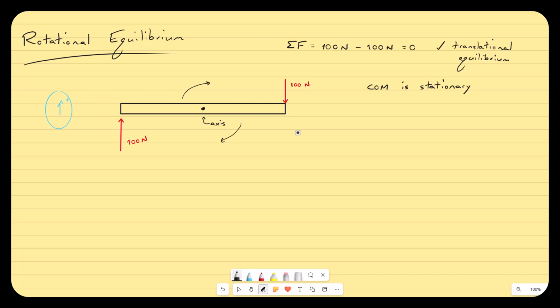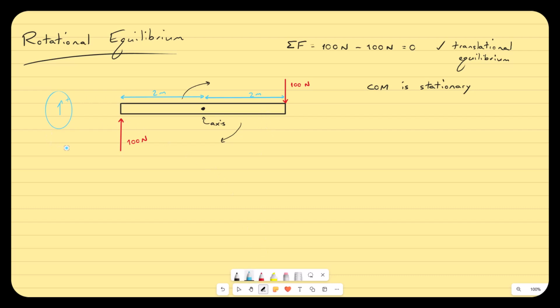So our center of mass is stationary, but we do have torque to contend with now. So if this is a distance of, let's say, 2 meters, and this is a distance of 2 meters, then we now have to consider not just what forces are acting on it, but where those forces are.